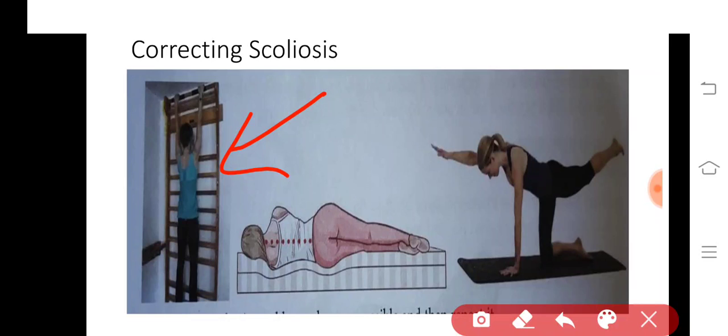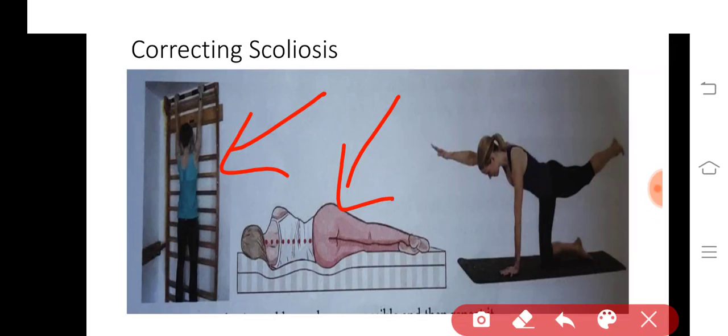And while hanging, the person must bend his body or the backbone in the opposite direction of the scoliosis.